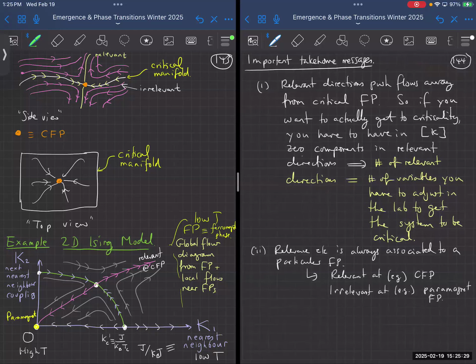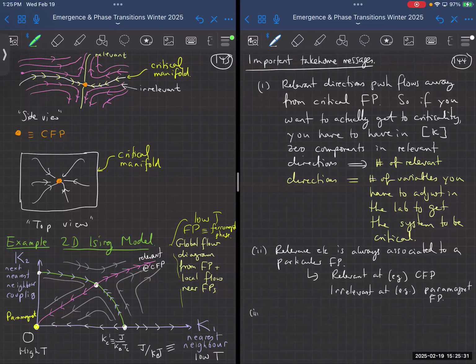Okay, so that's that. And then what we've learned is that the phases of the system, meaning its phase diagram, can be read off from the flows.